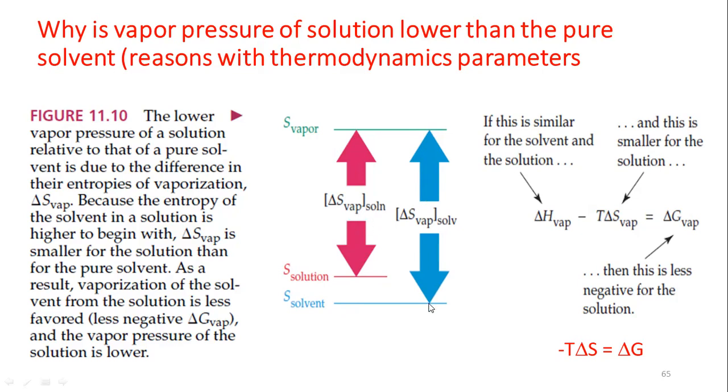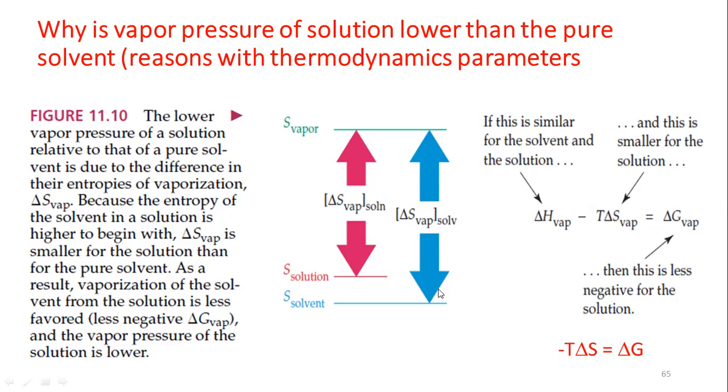And if the solvent evaporates, then the change in entropy between the vapor and the pure solvent is called the change in entropy of the solvent. Because the solution has more entropy, the change would be less as compared to the pure solvent. So the change in entropy of the solution is less as compared to the change in entropy of the pure solvent.